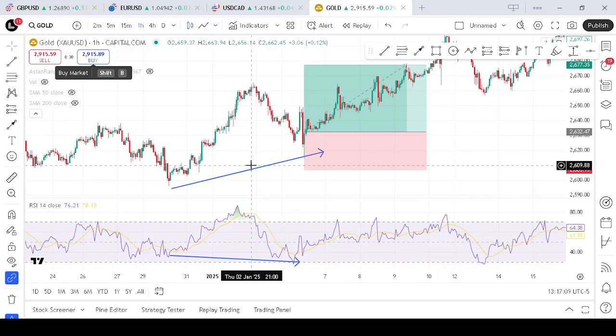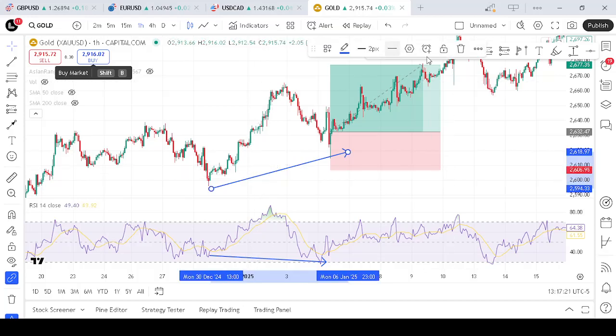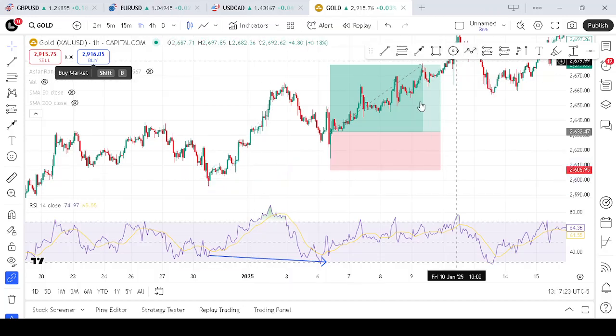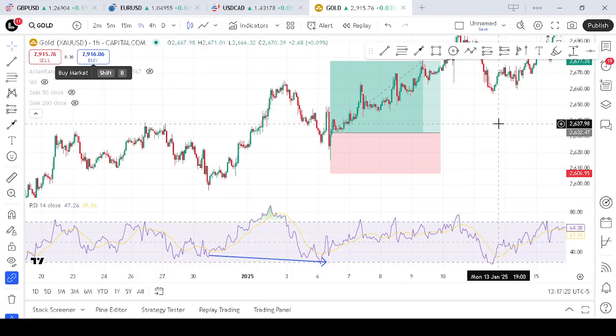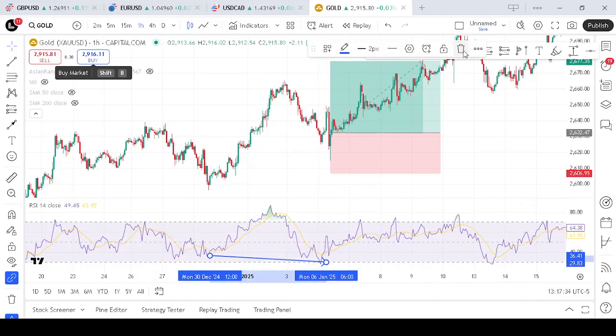Then we have to confirm our signals on multiple time frames to strengthen our trading decision. So whatever we do, we have to make sure that the higher time frame is giving us the trend direction. Then we can confirm our trade by using the lower time frame as an entry point.